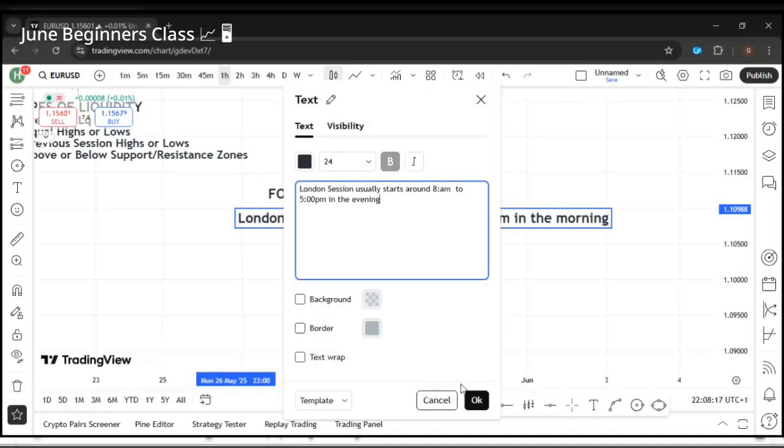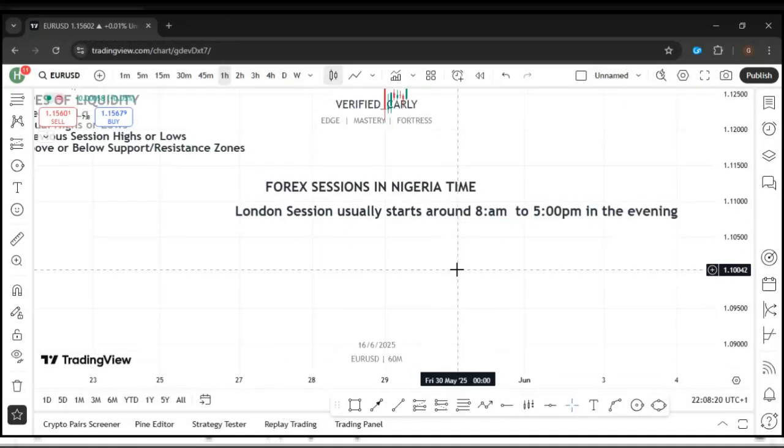So this is the time that the London session usually starts. London session starts at 8 a.m. to 5 p.m. in the evening.